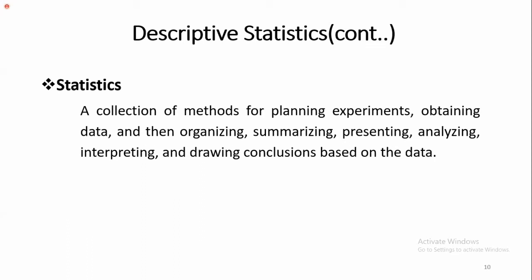So in statistics, basically we have this procedure: planning experiments, obtaining data, organizing and summarizing the data, presenting, analyzing, interpreting, and drawing conclusions. Actually, presenting can be done in two ways: before analyzing data and after analyzing data. Right? After analyzing data, we can present the results.